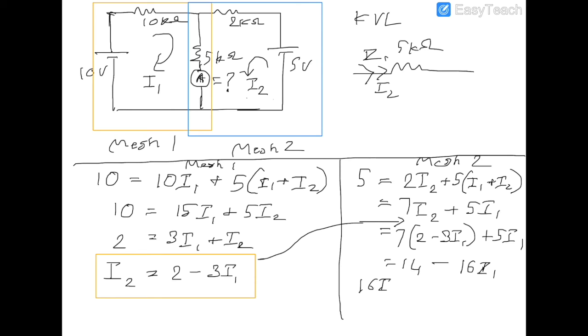So I would get 16 I1 is equal to 14 minus 5, which is just 9. And I would get I1 is equal to 9 by 16, which is, how much is 9? Okay. According to my calculator, it's 0.56 milliamperes.